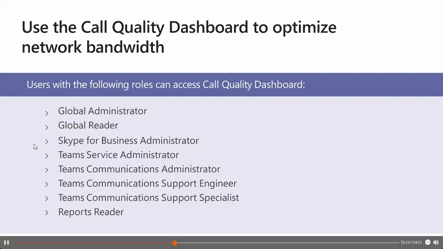Maybe one user's poor quality is due to a network issue that is also affecting many other users. The user's individual call experience is not visible in CQD, but the overall quality of calls made using Teams is captured.